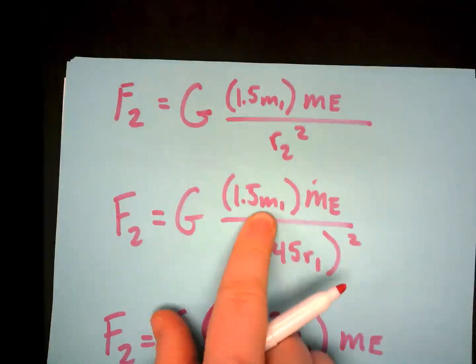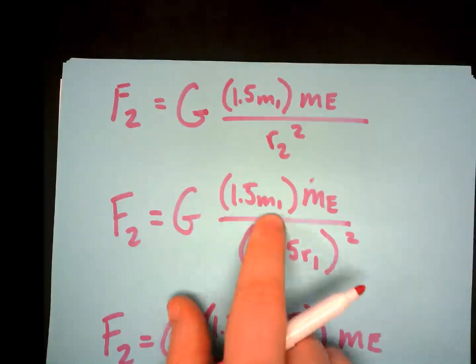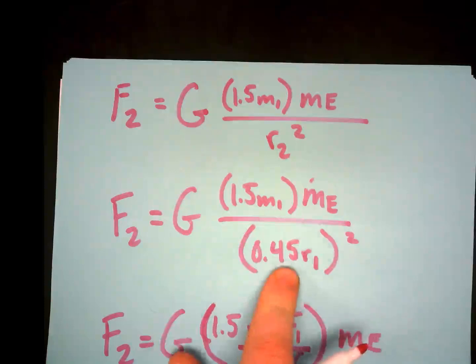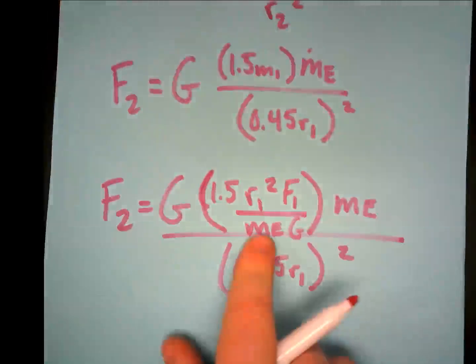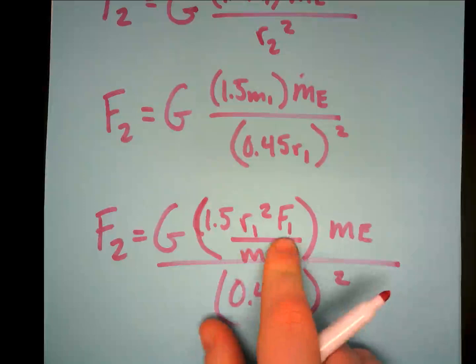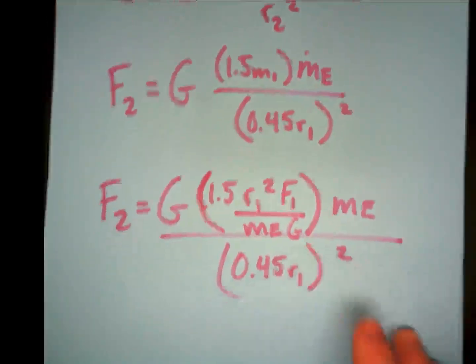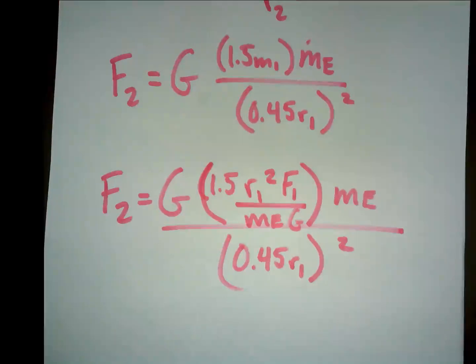Okay, so what did I just do? We left off here. We substituted M2 for 1.5 times M1, and we substituted R2 for 0.45 times R1. And then here I substituted M1 for R1 squared times F1 divided by ME divided by G. Now I don't want to go any further because I want to see what we can do here.